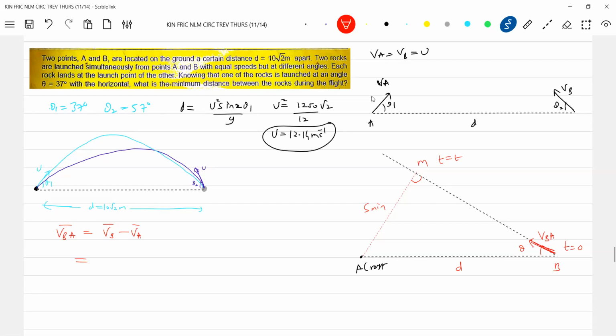VB should be equal to U cos theta 2 i cap plus U sine theta 2 j cap, minus U cos theta 1 i cap plus U sine theta 1 j cap.